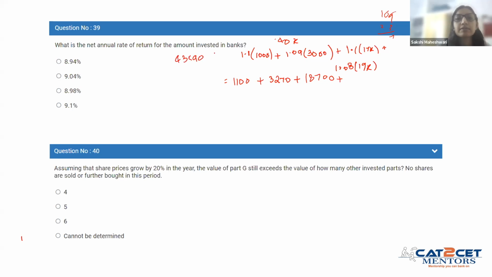So the amount you received is 3,590 on 40,000. So what is the rate of return? So that will be, I think this will be slightly less than 9%. I think it should be 8.98 or 94.